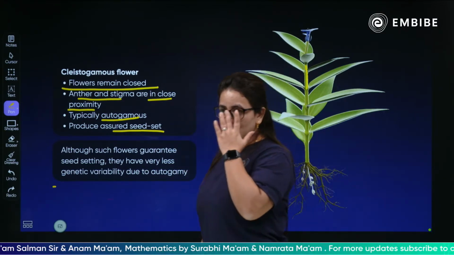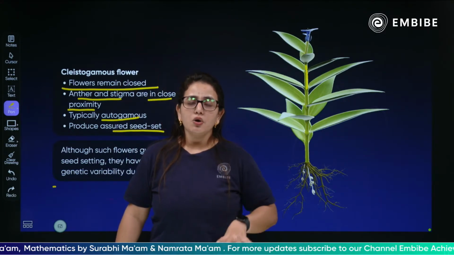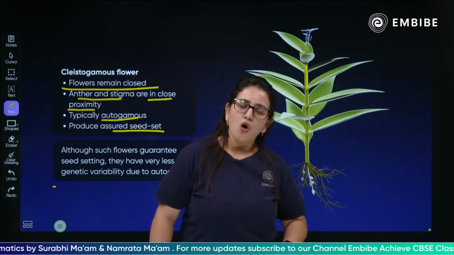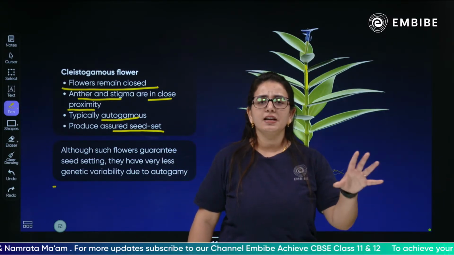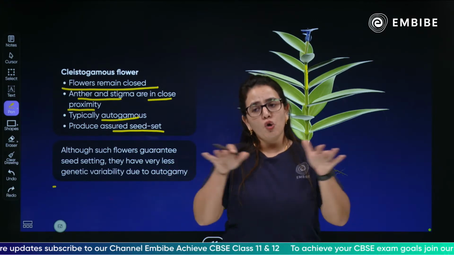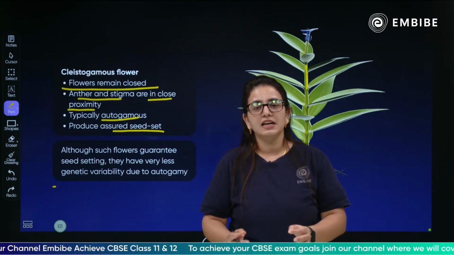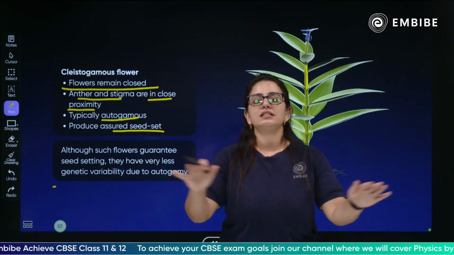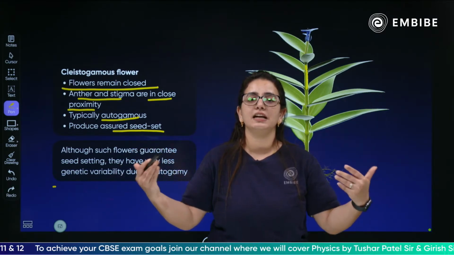Children, such flowers which undergo autogamy or self-pollination do not show genetic variability, because it is the same flower, closed flower, same stigma, same anther, not exposed to the external environment, so they cannot receive pollen grains of a different genetic condition.